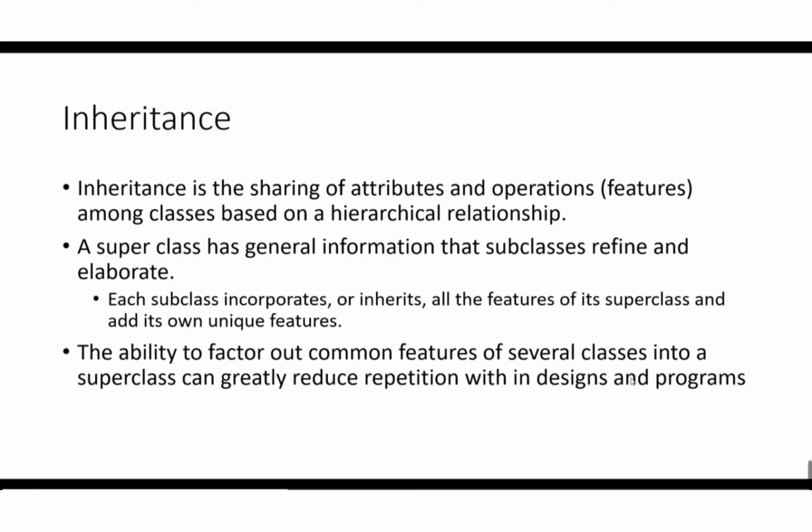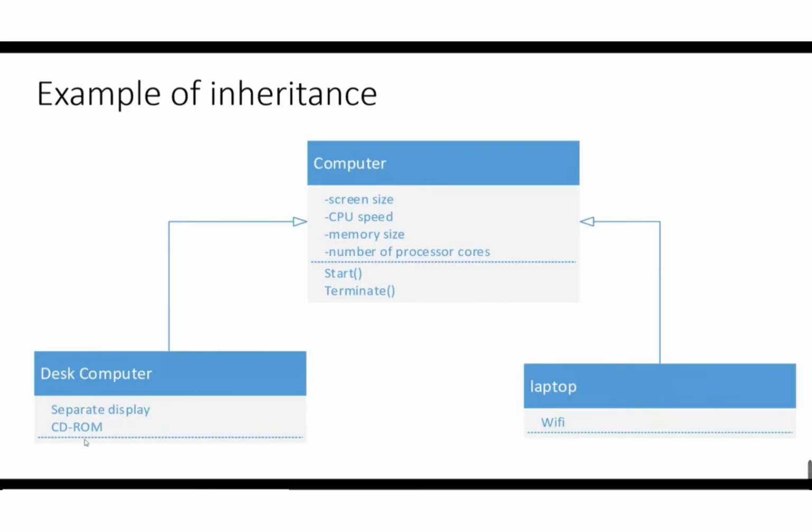When we find there are different kinds of computers in the system, we need to factor out some common attributes and common operations and construct a superclass for these objects of different classes. If we could factor out some common attributes and common methods, we can construct a superclass.